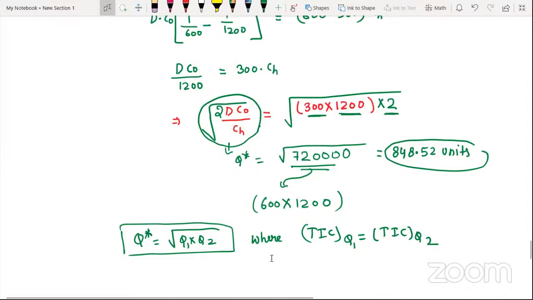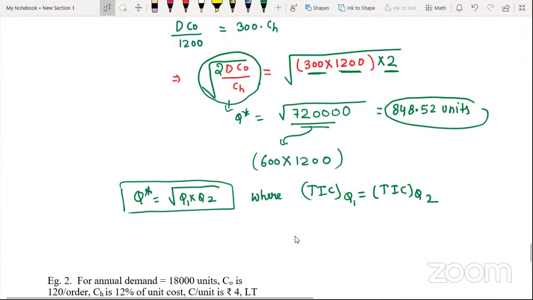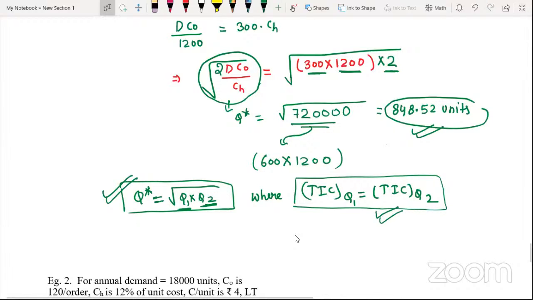You can use this shortcut only then, that Q star equals the under root of both quantities, where Q1 was given as 600 and Q2 as 1200. So we will directly get 848, but the condition is that it must be written in the question that TIC at Q1 equals TIC at Q2. This shortcut you can remember.